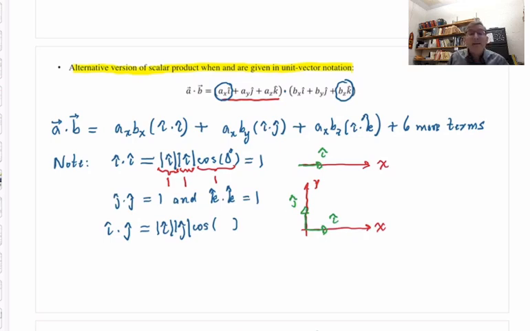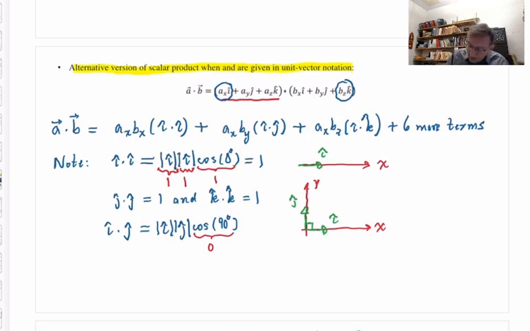And phi, in the cosine phi, is the angle between i hat and j hat. But that's exactly 90 degrees. So this is the cosine of 90 degrees. Here it's very handy to remember that the cosine of 90 degrees is 0.